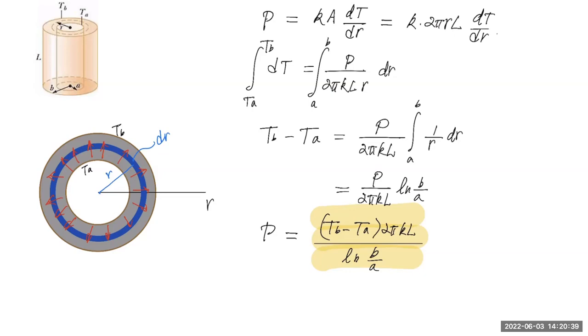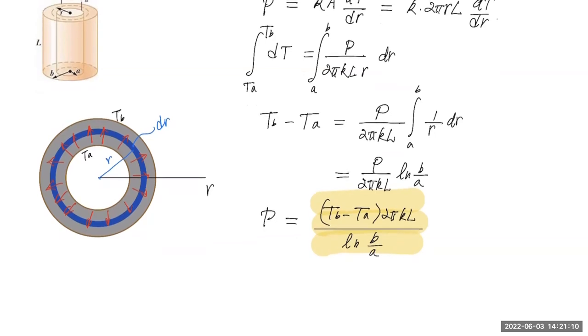I find P equals this. And then I encounter dT over dr. And the way I deal with that is I realize P is uniform. It's not a function of R. And I just solve for dT and integrate between inner and outer radii of the cylinder. And then I utilize the condition that temperatures are given at the two borders, TA and TB. Okay, so that's how I did that.